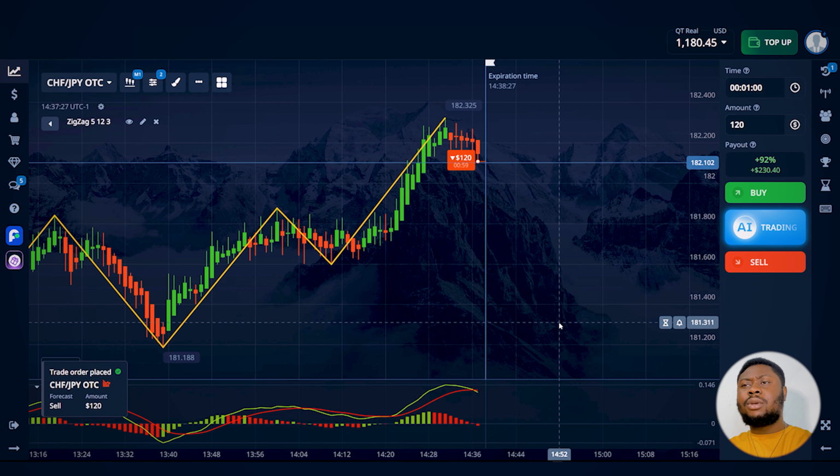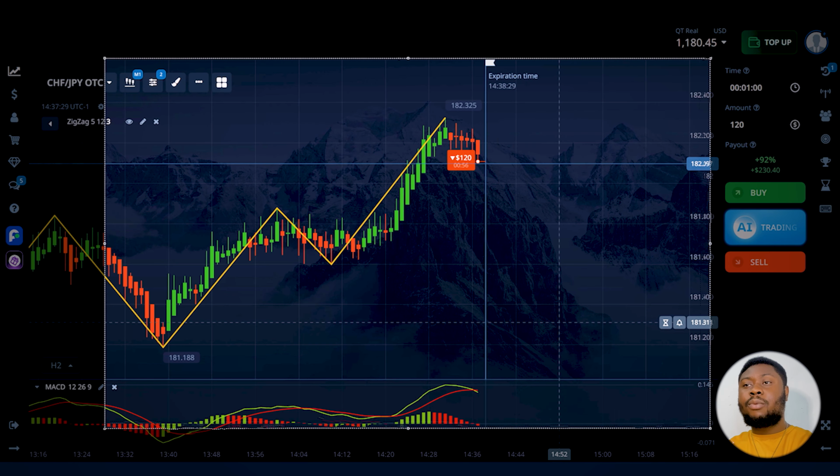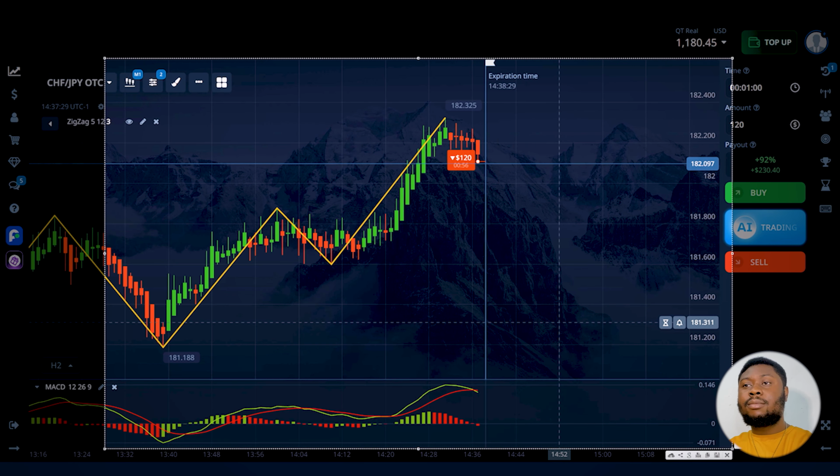Let's analyze the situation in more detail. Look, there was an uptrend in the market for a long time. The price rose and reached its maximum. The zigzag indicator line settled above the price chart, which is the main signal that the price increase has stopped. Then the price began to fall, and I waited for a signal from the MACD.